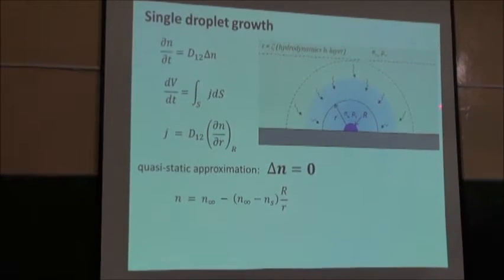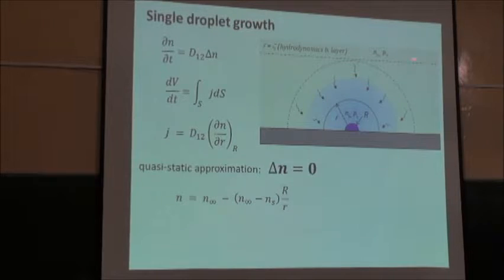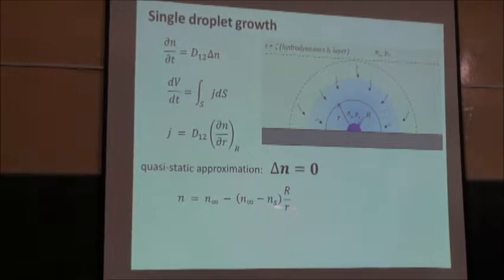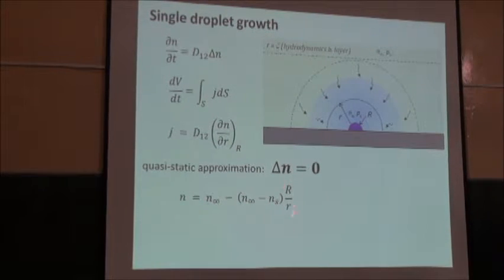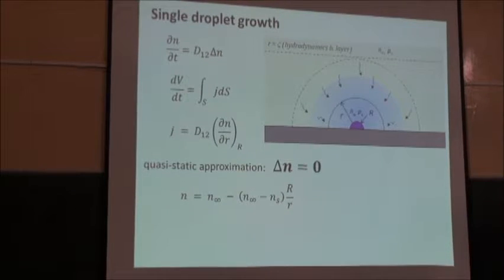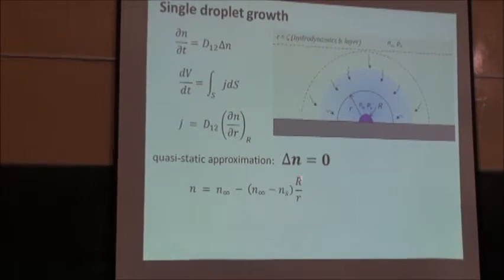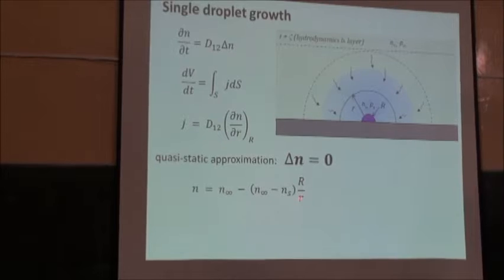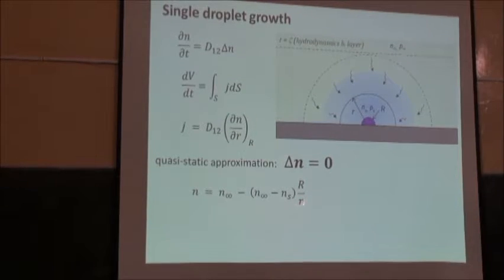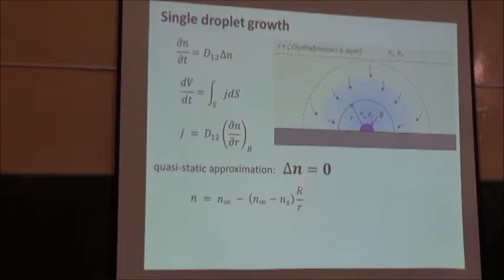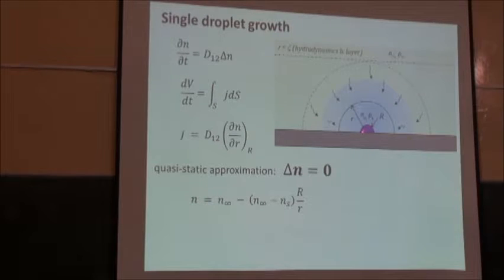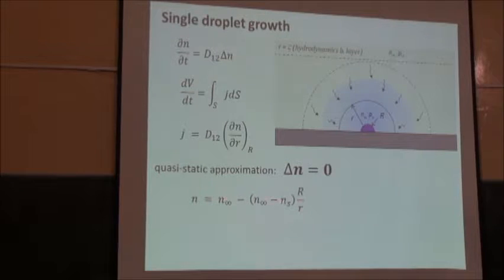And so in hemispherical geometry, you get a hyperbolic profile. You see that with the boundary condition that when small r is equal to the radius of the drop, you get saturation, n_s, and when r goes to infinity, you get n infinity.